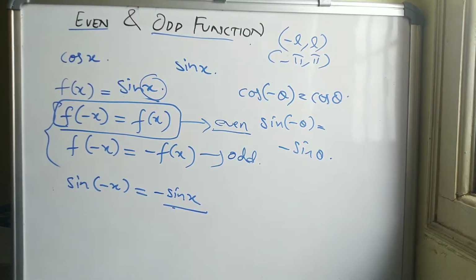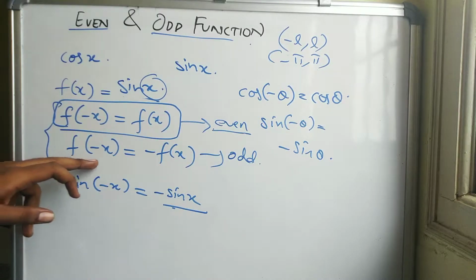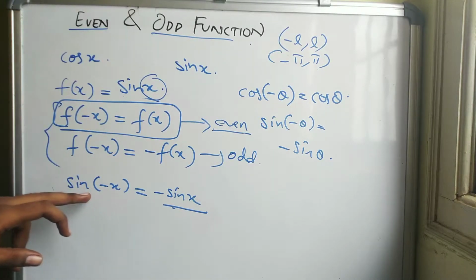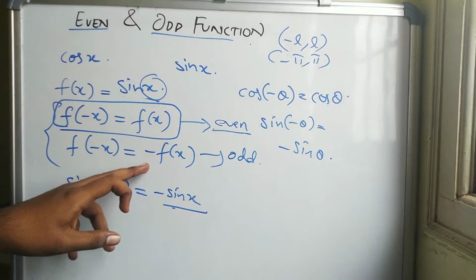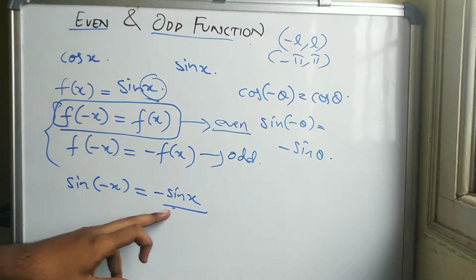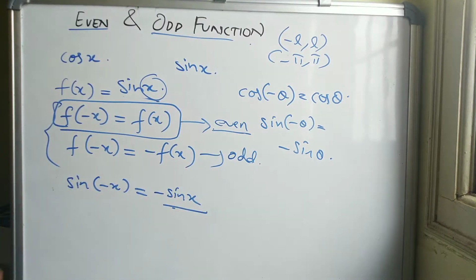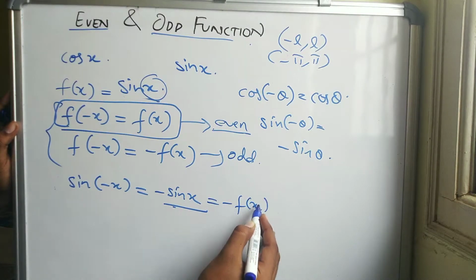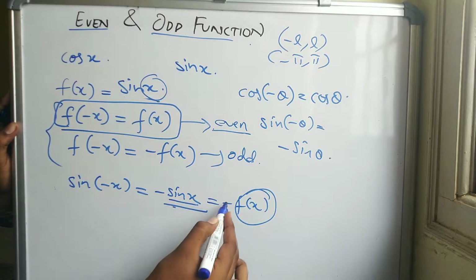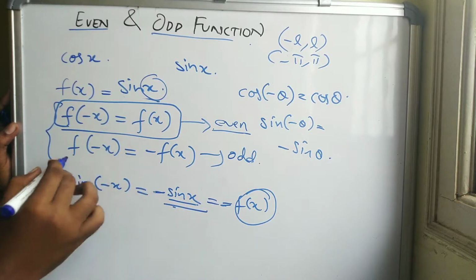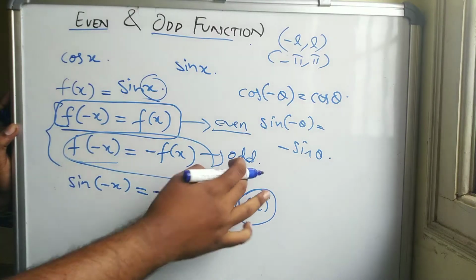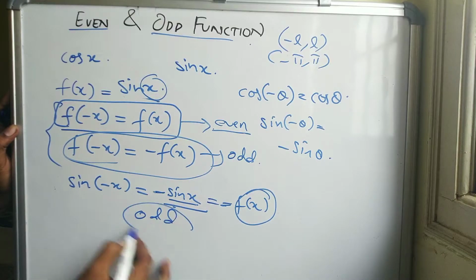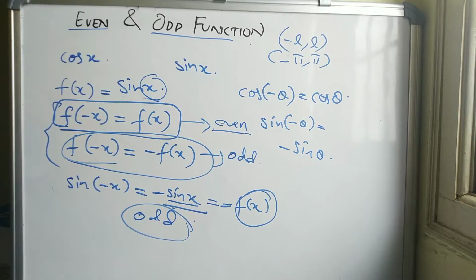You can observe here, f of minus x equals minus f of x. F of x is sin x, and the minus sign is there. So this satisfies the second condition, that is for odd. So the sin function is odd. In this way, you have to remember.